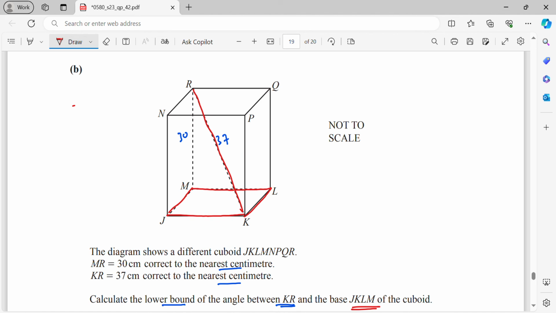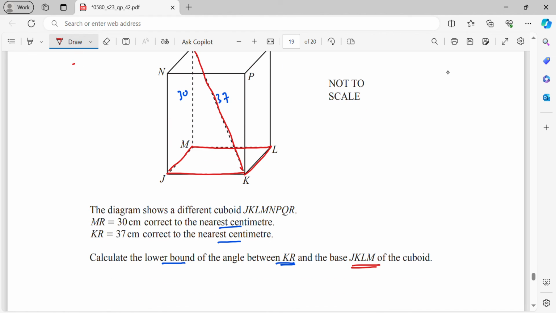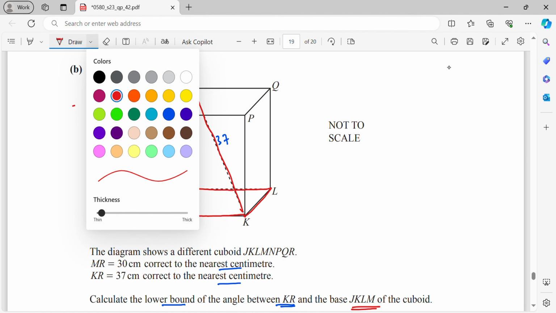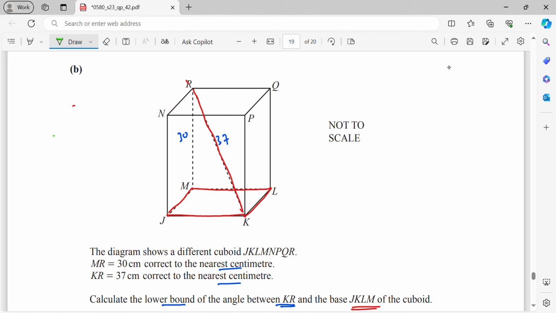So obviously, the angle will be at R, okay, because the RK is connected to the base. Therefore, now your angle is basically RKM. Okay, because from the R, you draw down the line up to the base, and then this point must join together.